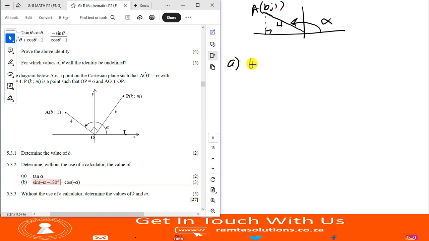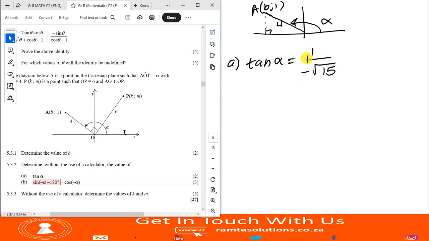So tan alpha will be, remember, tan is opposite over adjacent, meaning it's y over x. What is the value of y? The value of y is 1. What is the value of x? The value of x, we found it to be negative square root of 15, isn't it?